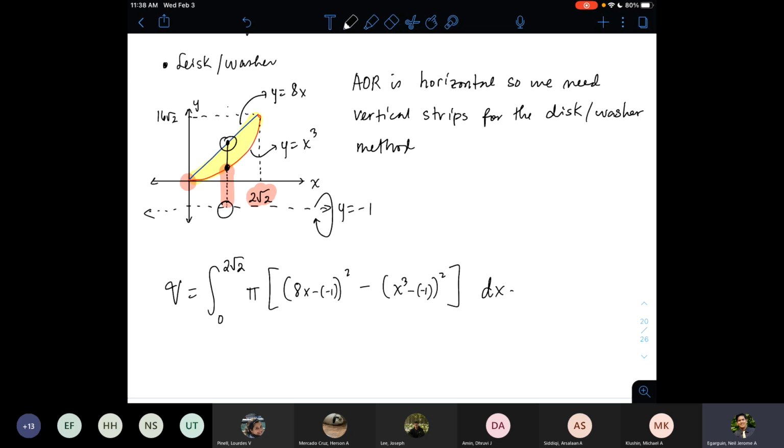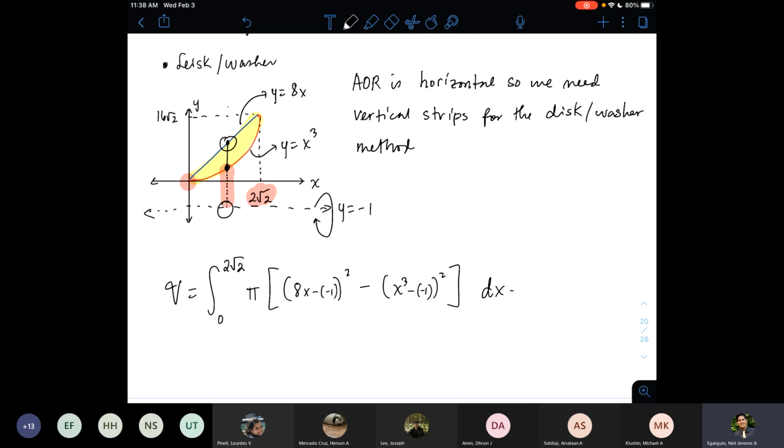All right. Now, just a sneak peek to what you will discuss on Friday. Remember the disc or the washer method always requires the strips to be perpendicular to the axis of revolution. So we are bound to use only one strip. But there is an equivalent way of setting up the integral, using strips that are parallel to the axis of revolution.